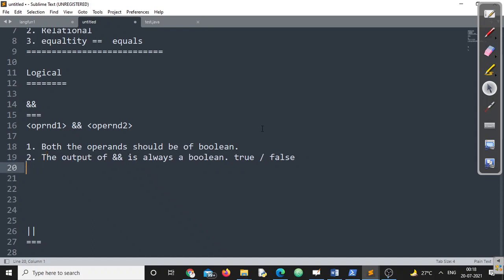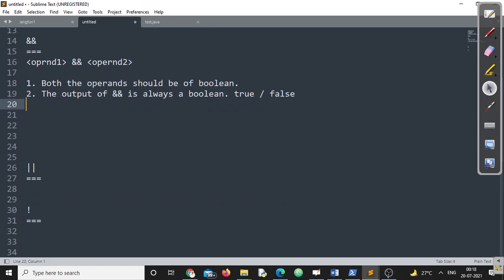To understand the third point, we can say if both the operands are true, then logical AND will return true. Otherwise, that will return false. Else false.